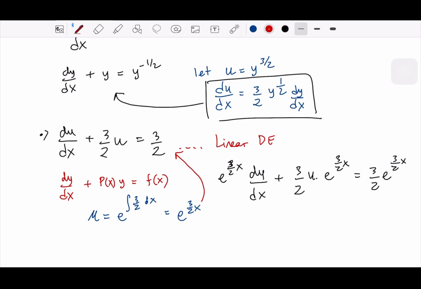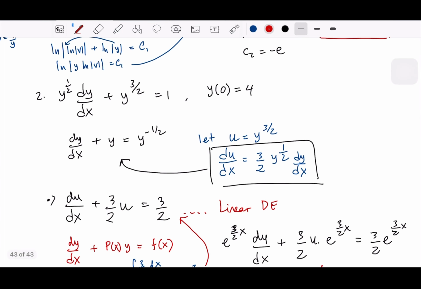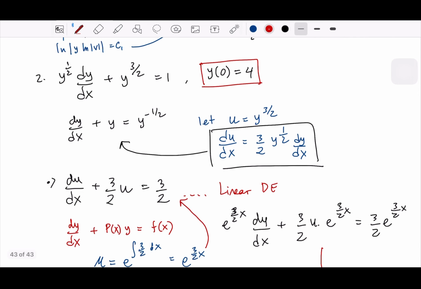And then solve as usual, and you get the equations, and then you need to get the constant from the initial value.